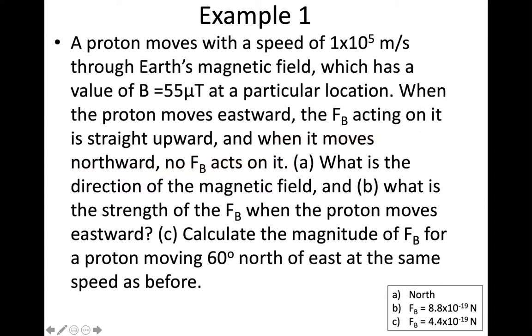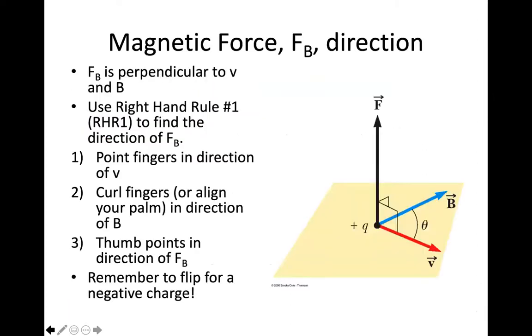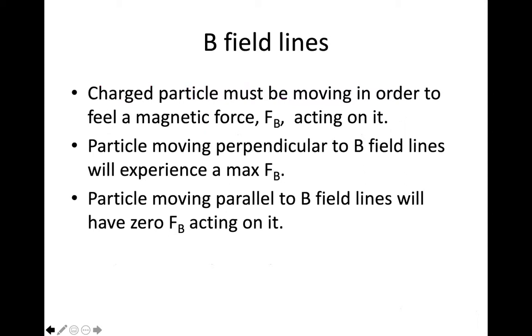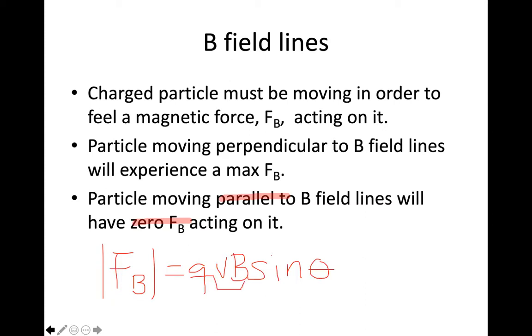Remember that for a cross product, when you move parallel, it's 0. Why? Because the magnetic force, magnitude, is QVB sine theta, where theta is the angle between those two. So if it's moving parallel, theta equals 0. The velocity was north.